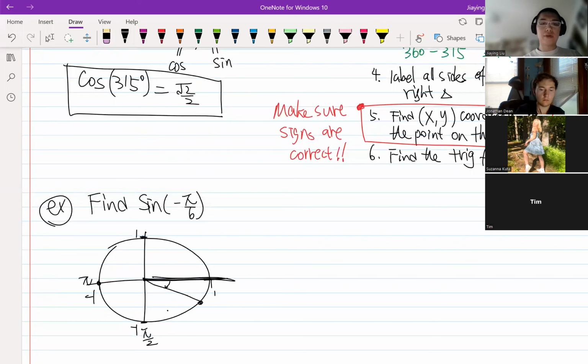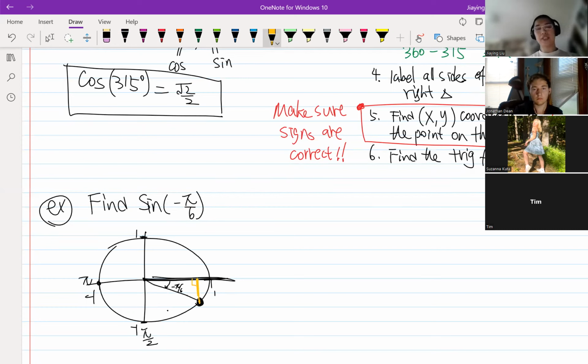Negative. I'm not going to label it there, that point corresponding to the -pi/6 angle. So I found the point after plotting the angle, and I'm going to use this point. I'm going to create a right triangle using the x-axis.